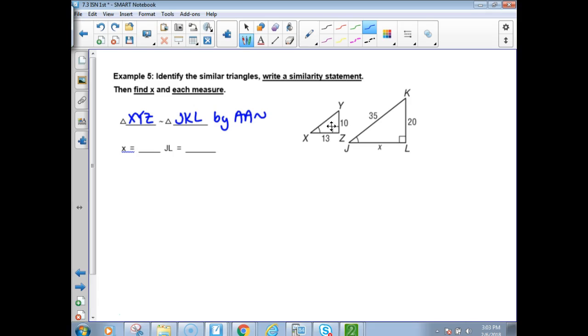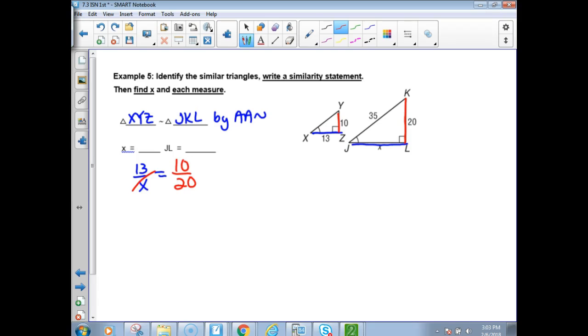In order to find X, I will compare the side with the 13 to the side with the X. So I'm going to write 13 over X. And then I'll compare two sides with the 10. Which one am I going to use, the 35 or the 20? Okay, that 35 is on the hypotenuse. That would not help. So I'm going to do 13 over X, 10 over 20.